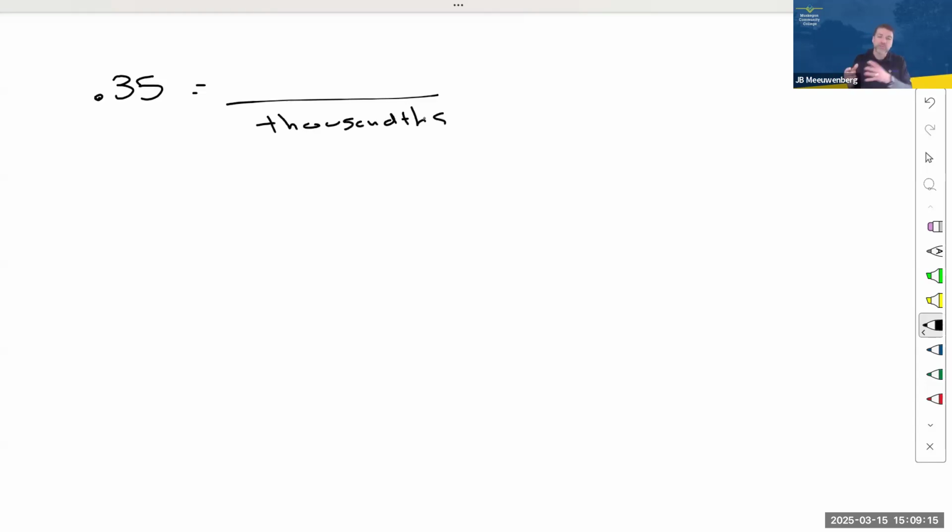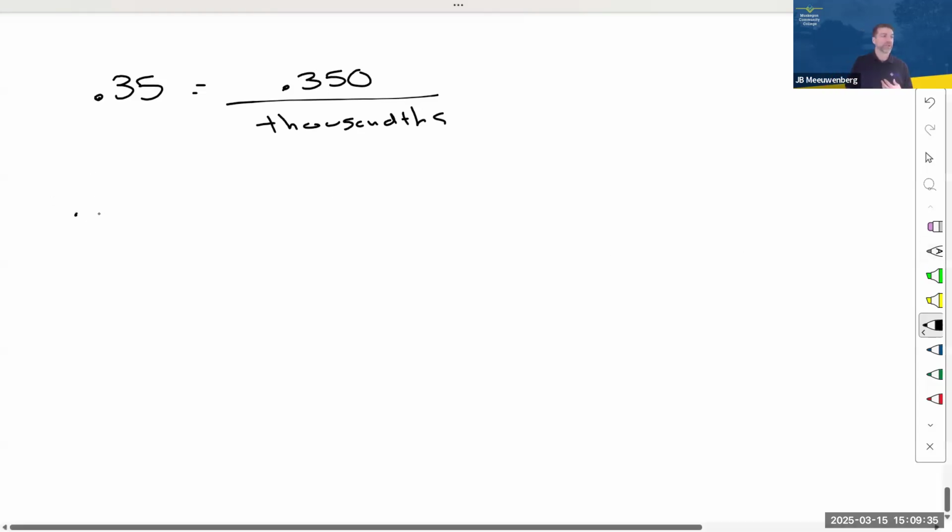How would you be able to rewrite that number to the thousandths place? Well, we could write it as 0.350. Those things are equal. 35 hundredths and 350 thousandths are the same thing.